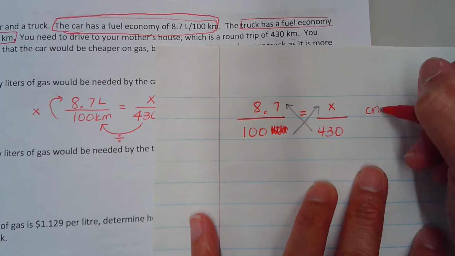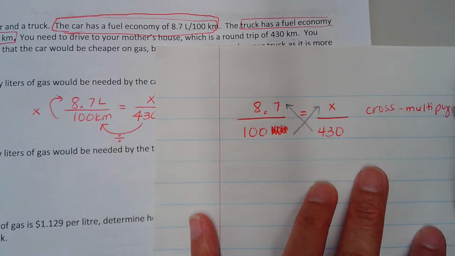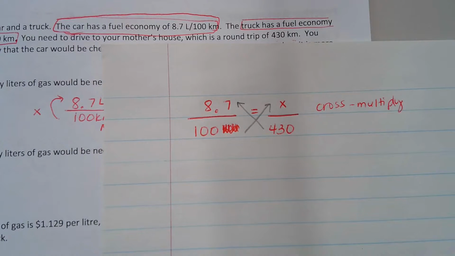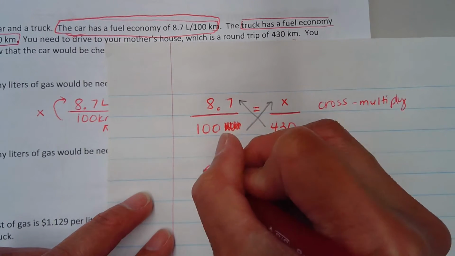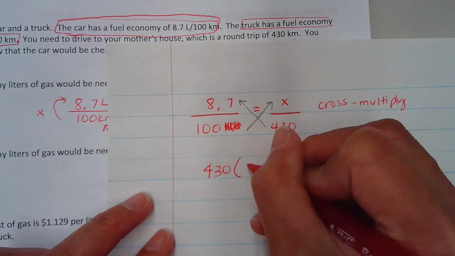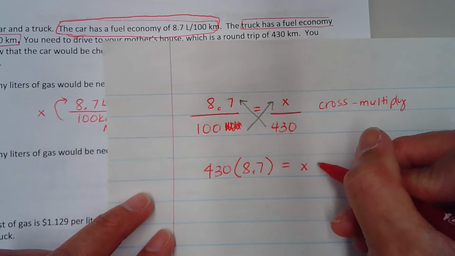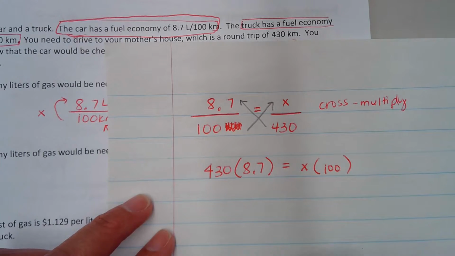Okay, once we cross multiply, we're gonna get 430 times 8.7 equals x times 100.